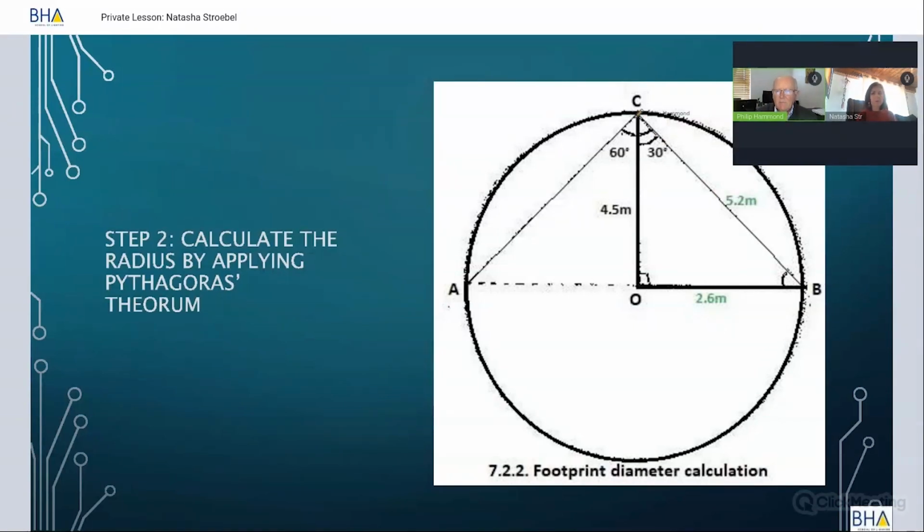Right. So now because we've worked out where that is, and we have the center point, and we measure it out to there, because we can do this to scale on a piece of graph paper, very easy.